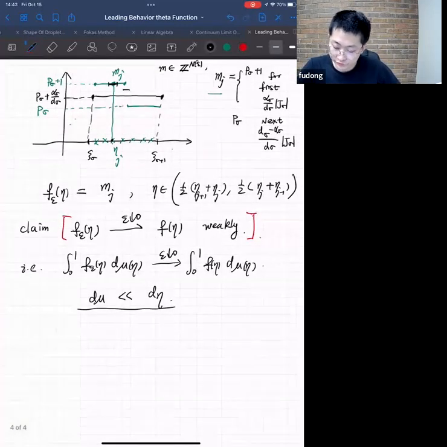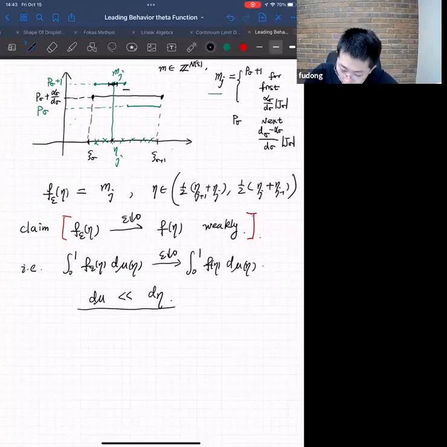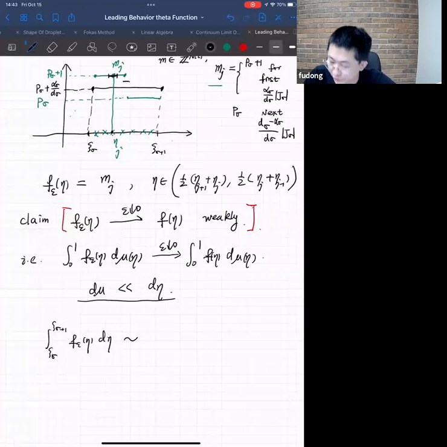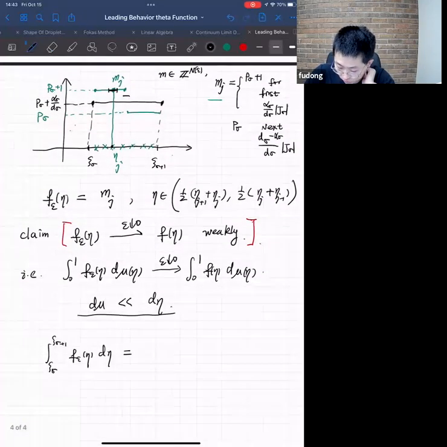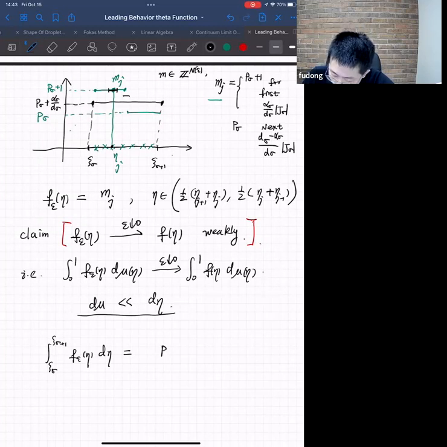And we can prove it very quickly. So let's just focus on this small interval. The eta becomes two pieces. So what does it become? The first, this number of indices is p sigma plus 1, right?